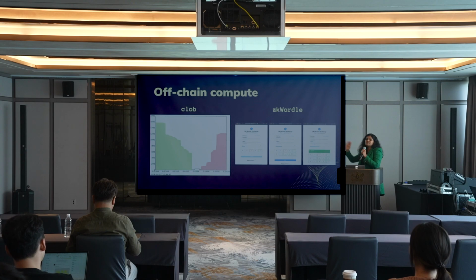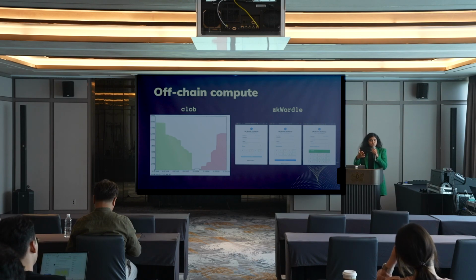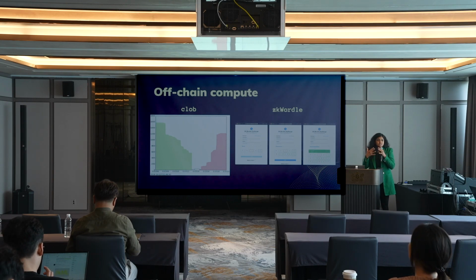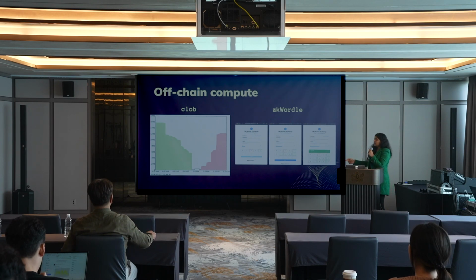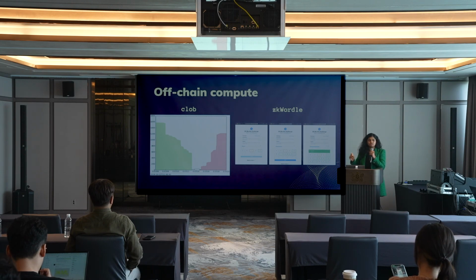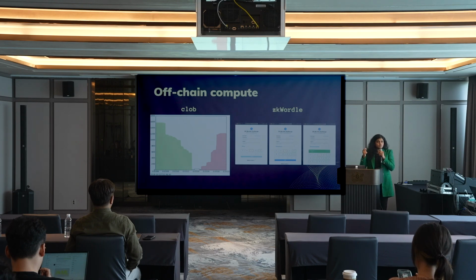No? OK. A CLOB is essentially a central limit order book, which is how traditional exchanges work: there's a buy order, there's a sell order, there's an order book, and a matching algorithm does the matching, and that's how trades happen. Right now, it's extremely computationally expensive to do a matching algorithm on-chain. I don't even know how many thousands of dollars you would have to spend just for matching one trade.